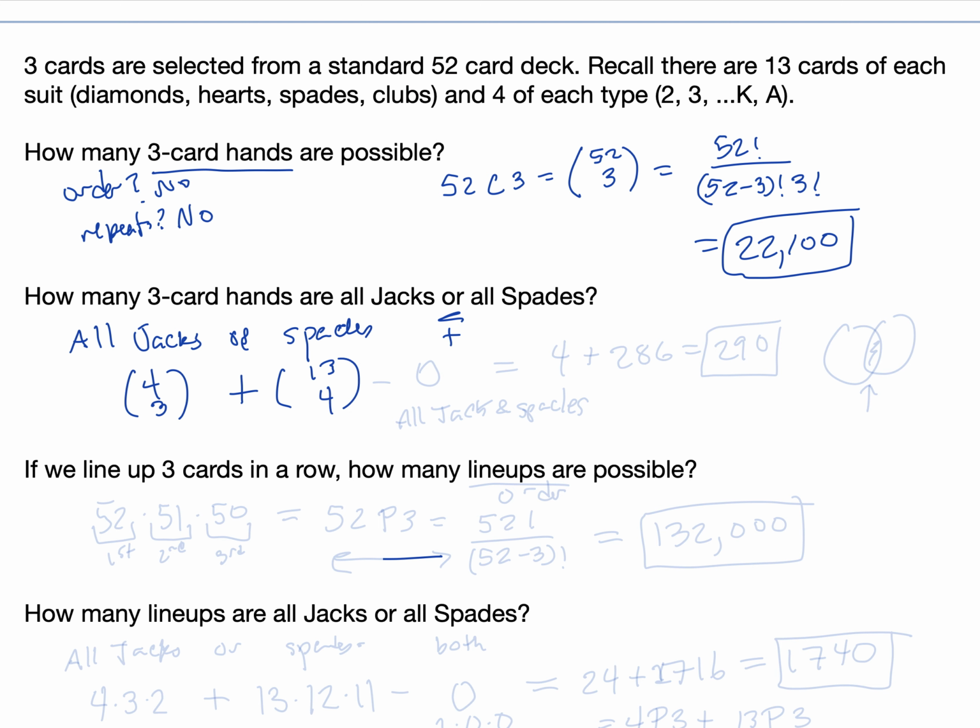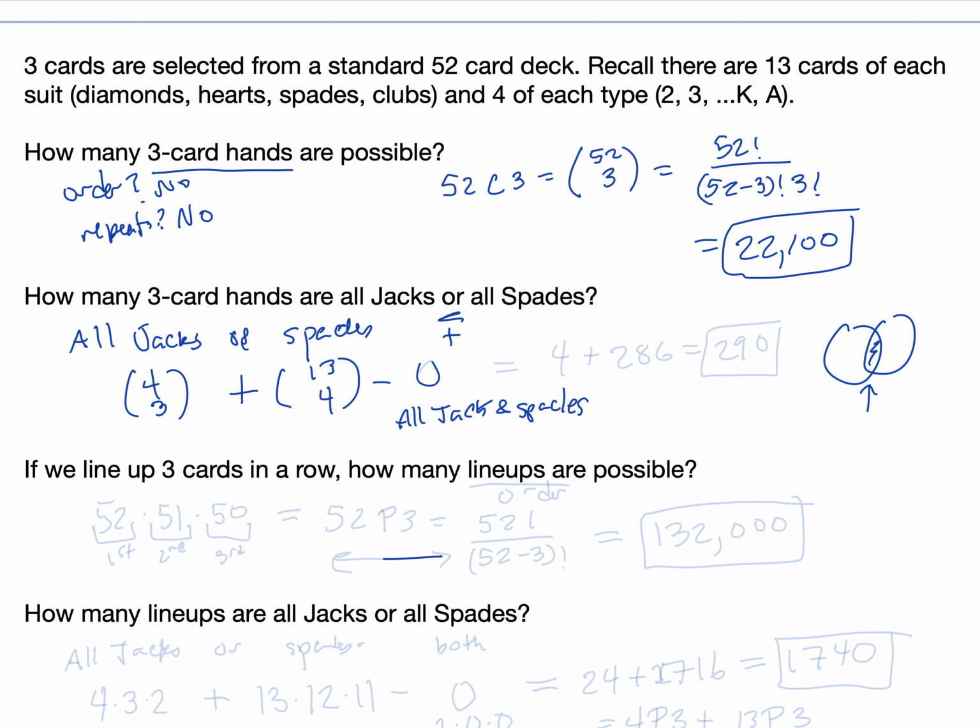And then we should subtract off the place where they are all jacks and all spades, because by inclusion-exclusion we want to subtract off the elements that were counted twice.